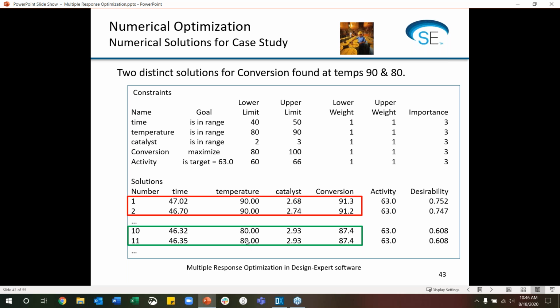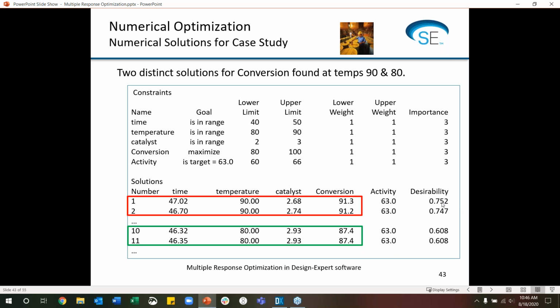With the 80 degrees, you can actually get by with a slightly lower time, but a slightly higher catalyst. So small differences there. Conversion is a little bit higher at the 90 degrees than it is at the 80 degrees. Activity is met perfectly at 63 in both instances.